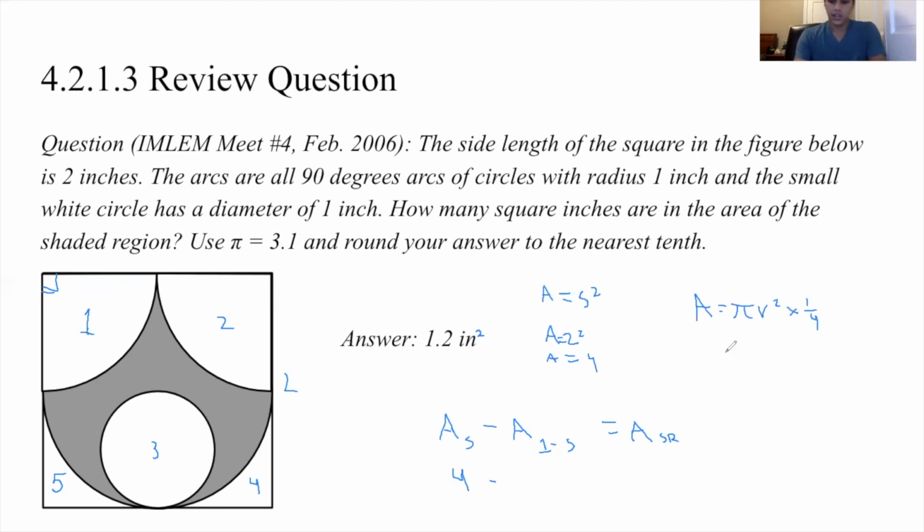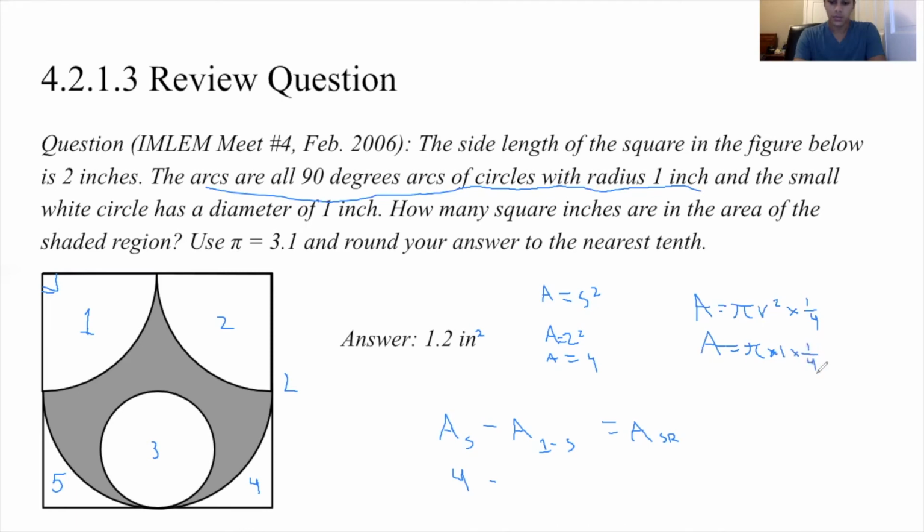All right, so the area of the circle is pi times r squared. Since the radius of these arcs is 1 inch, 1 squared is just 1. So pi times 1 is just pi, and then times 1/4.